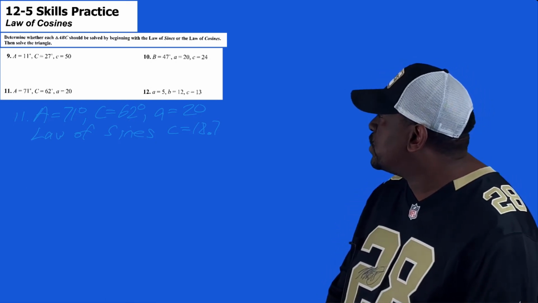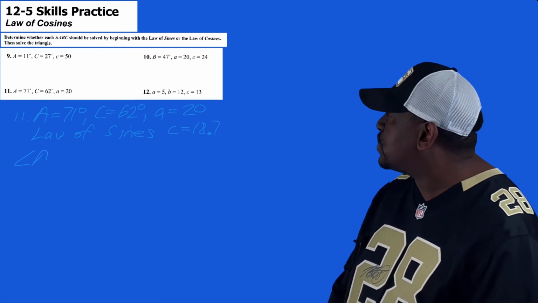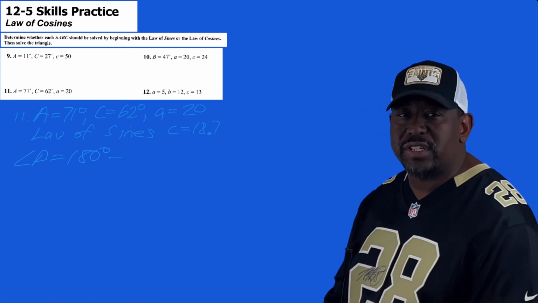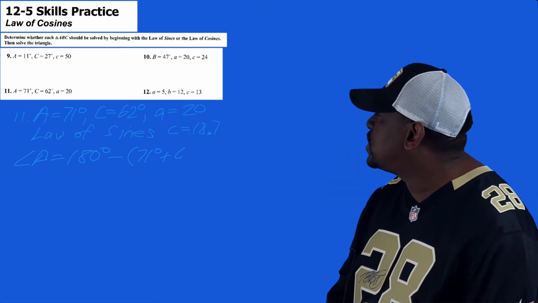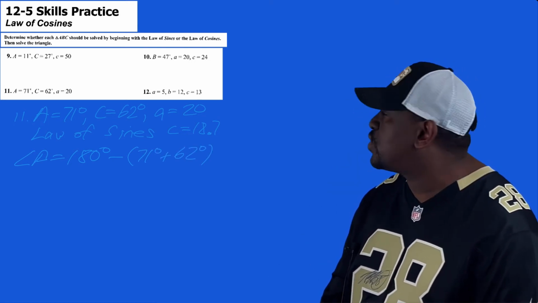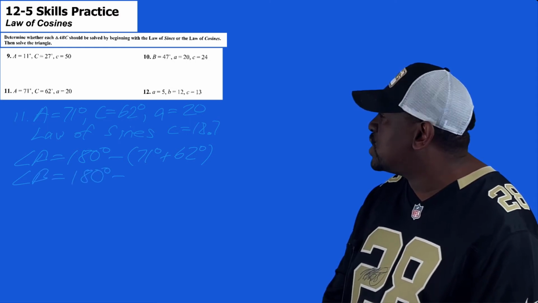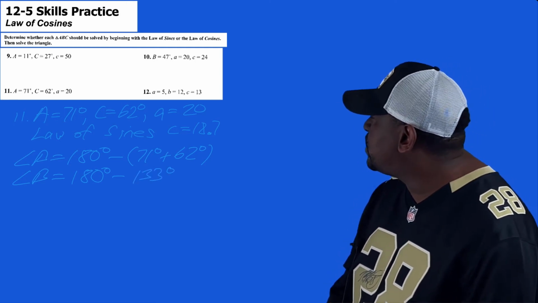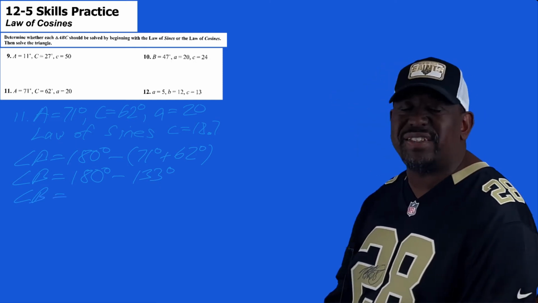So that should pop up here. 180 degrees minus the sum of the 2 angles that are given, which is 71 degrees plus 62 degrees. That will give us a quantity of 180 degrees minus 133 degrees. And so angle B should be equal, I'm doing it in my head, it should be 47 degrees.